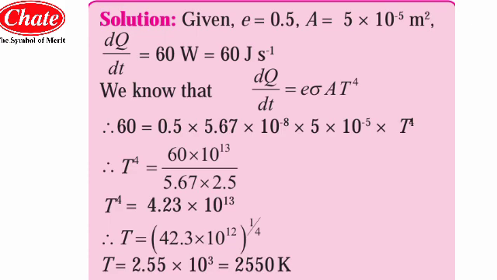Now students, if you calculate this value by using your log table, then T raised to 4 is equal to 4.23 into 10 to the power of 13.